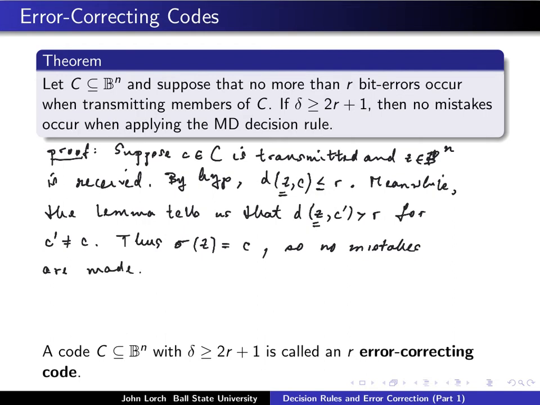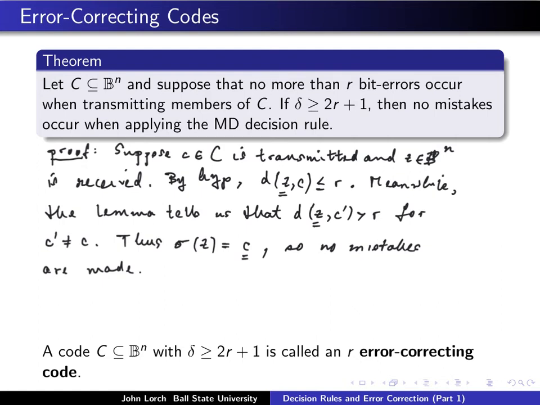Right, so the upshot here, there are several points to be made. The first is that there is no ambiguity about which code word to choose to assign to z. And further, the code word that we choose, the one that's closest to z, is exactly the right code word, the one that we started with. Another thing to keep in mind is what is making all of this work?